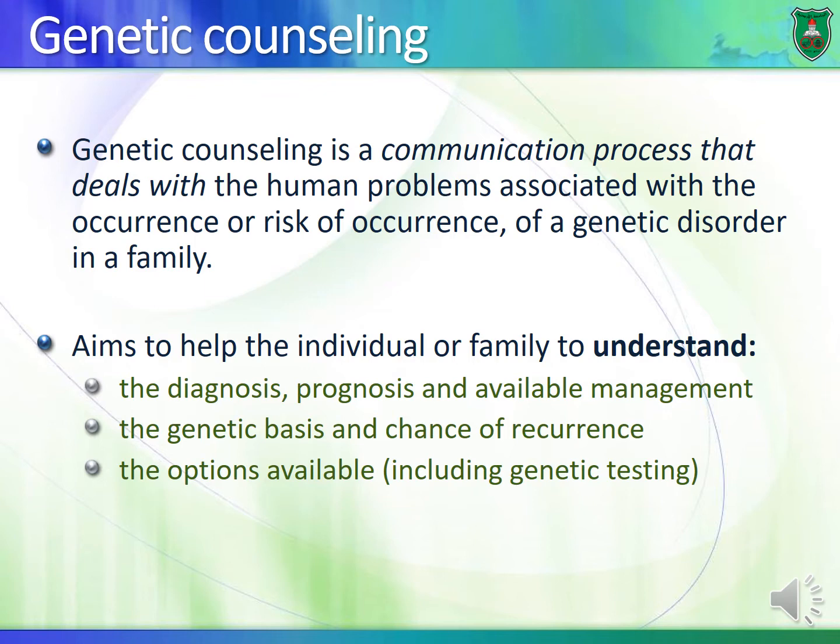In addition, the genetic counselor would discuss the available options in terms of, for example, future pregnancy, genetic repair of genes, like using CRISPR-Cas9, for example, and so on. Just the options available for them for the future.